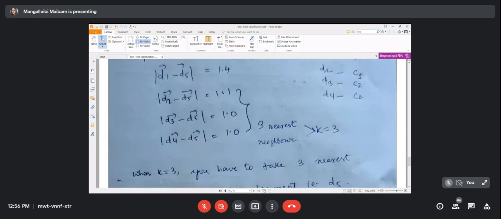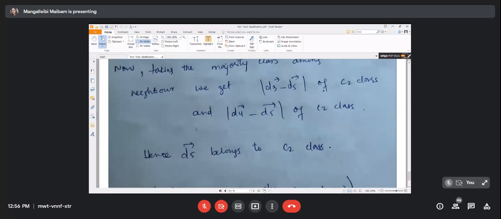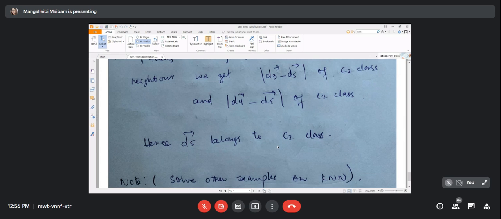Which one is the majority here? It is 1.0 that has the maximum. This is the majority class. So 1.0 belongs to which class? d3 and d5, that means d3 or d4. d3 belongs to the C2 class, and d4 is also of the C2 class. So our classifier will assign d5 to the C2 class.